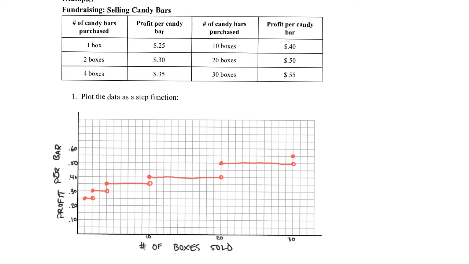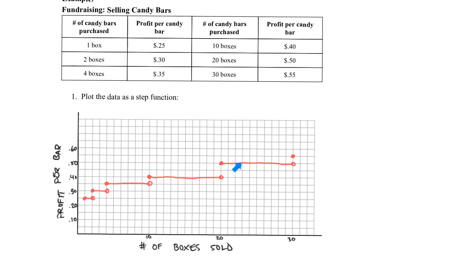So there it is. There's my step function, okay? And again, I determined that there was closed circle on the left and open circle on the right because I went to 10, and according to my table, 10 boxes is 40 cents profit. So that means I need a closed circle at 40 cents for 10, which means underneath it, I need to have an open circle.